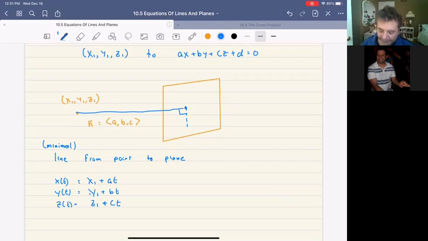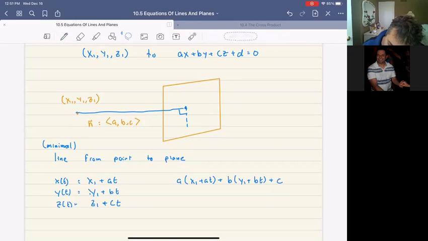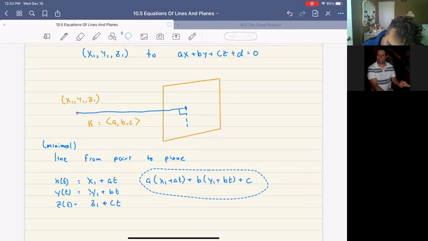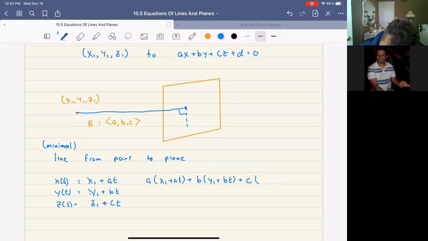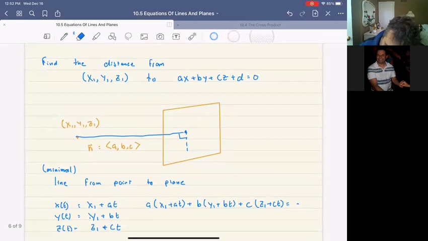So we're going to take a times x of t plus b times y of t plus c times z of t plus d, well, let's put it equals negative d.